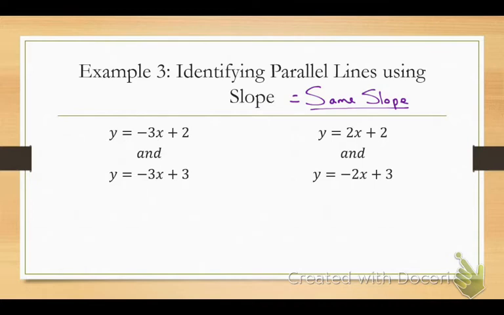What is the slope on the first equation, the top one? What's my slope? Negative 3. And what's my slope on the second one? Negative 3. So you will say m equals negative 3 on both lines.